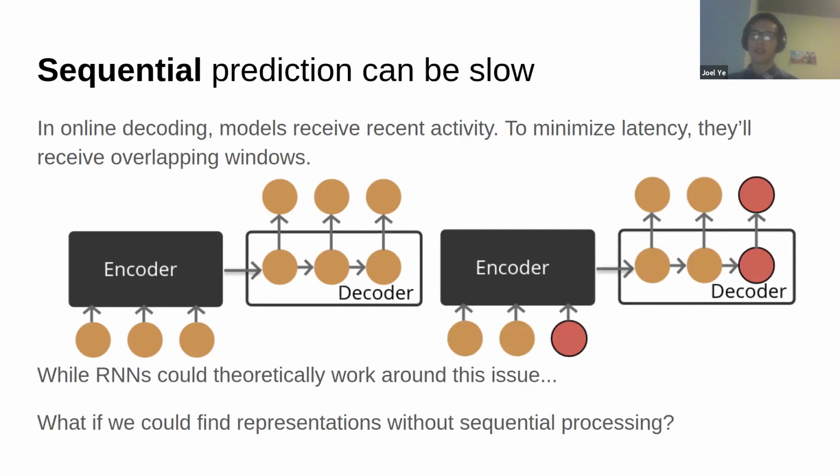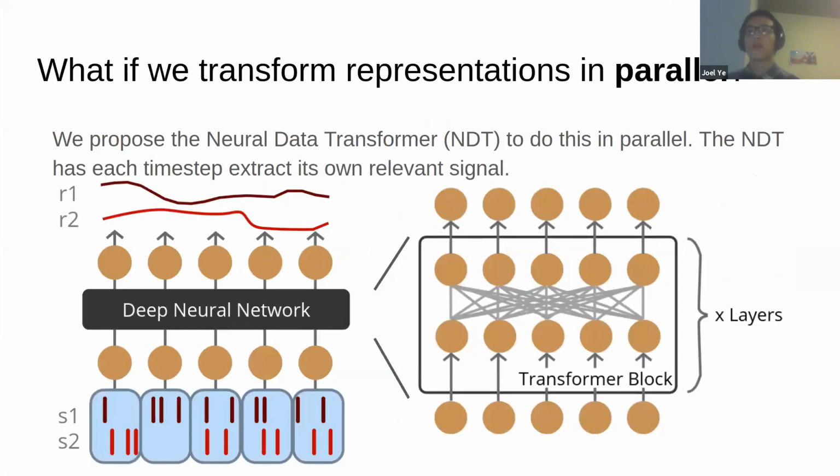And RNNs could theoretically be trained to work around this issue. We asked instead, what if we could find representations without any sequential processing? What if we could transform our representations to find our firing rate predictions in parallel? And this is exactly what the neural data transformer is doing.